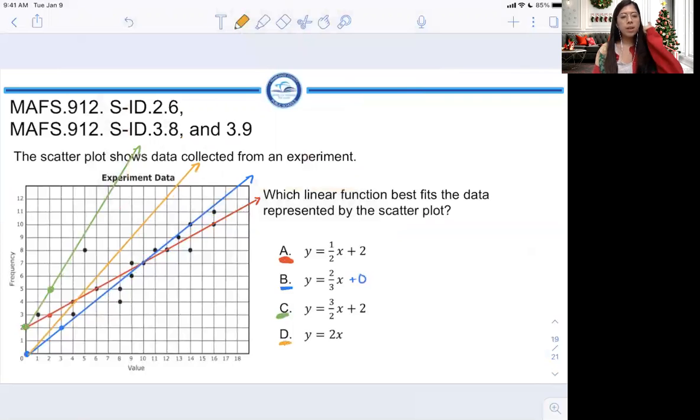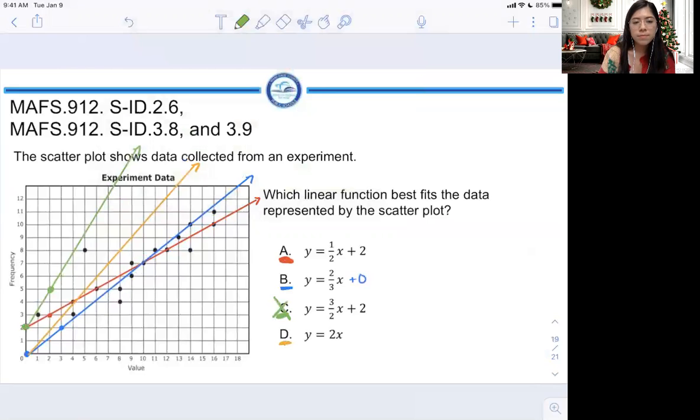Okay, cool. Which of these is definitely in or out? Which one definitely does not fit? C. Yes, C is out. What else?